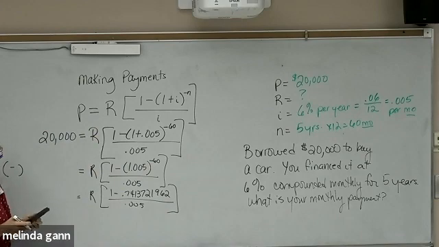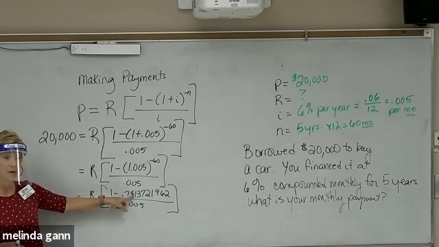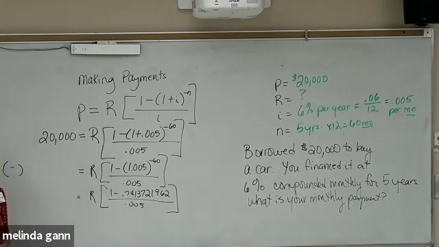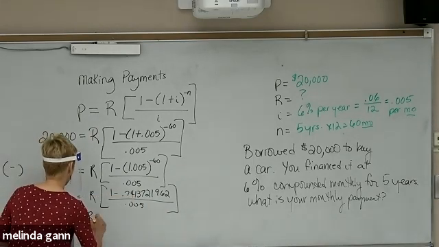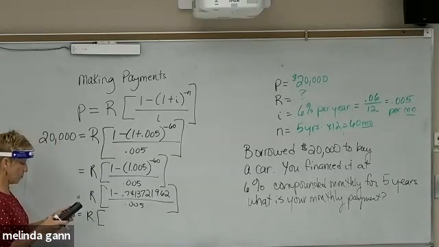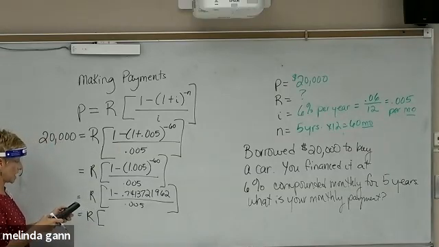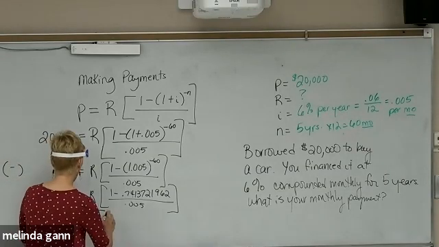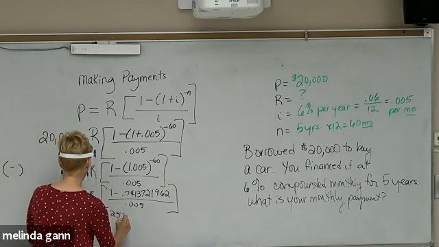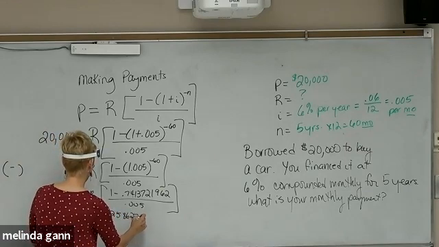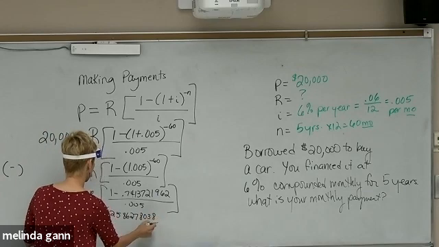All right, let me double check it and make sure. 1.005 raised to the negative 60. Okay, I got that. And we understand I've got to say 1 minus that number. So when I do 1 minus that number on top, I get 0.2586278038.